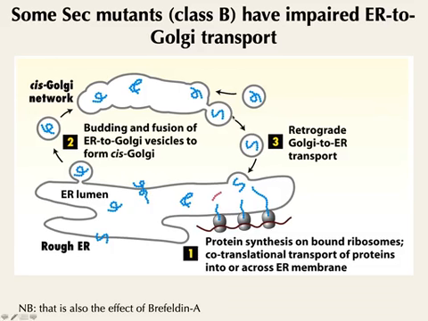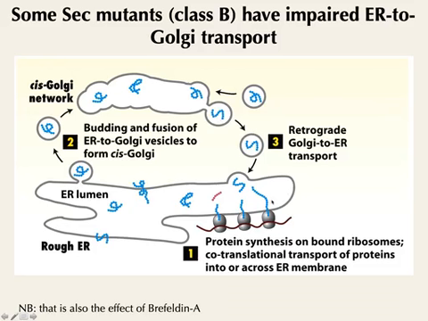Indeed, that lecture is peppered with mentions of the retrograde transport, and I'm going to emphasize it wherever it comes. In some cases, the gene that's mutated is required for this particular retrograde transport.